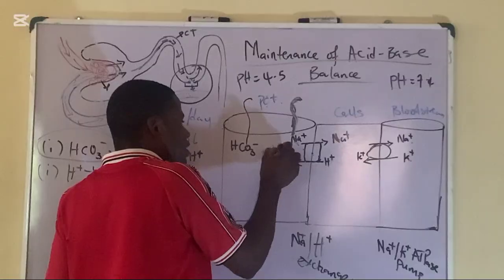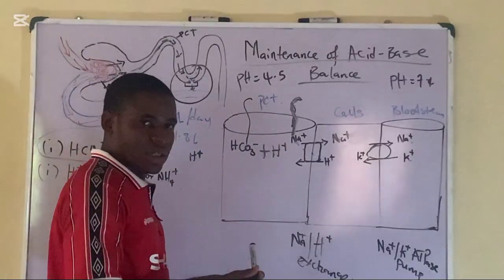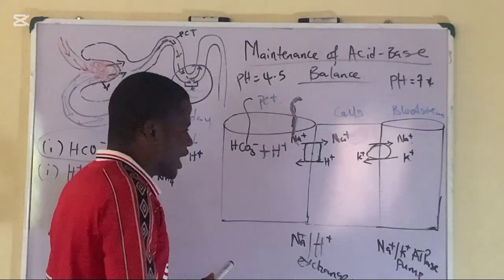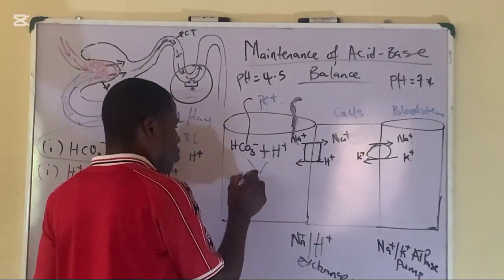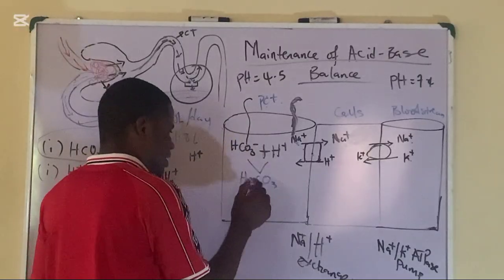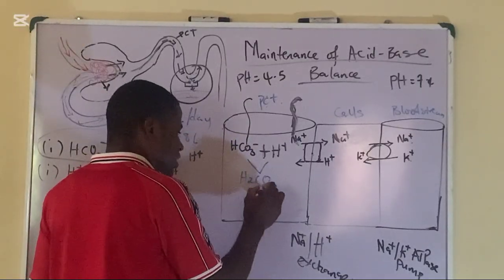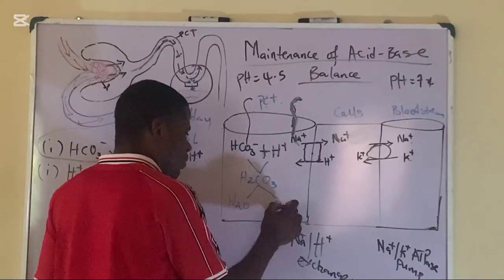It is at this point that the bicarbonate ion that is being filtered reacts with the hydrogen ion from the cell. Once this reacts, it forms carbonic acid. This carbonic acid then breaks down to water and carbon dioxide.